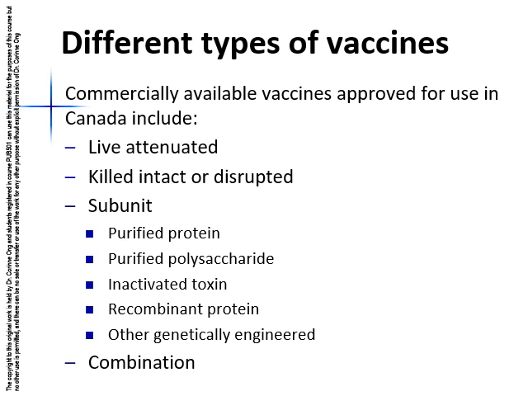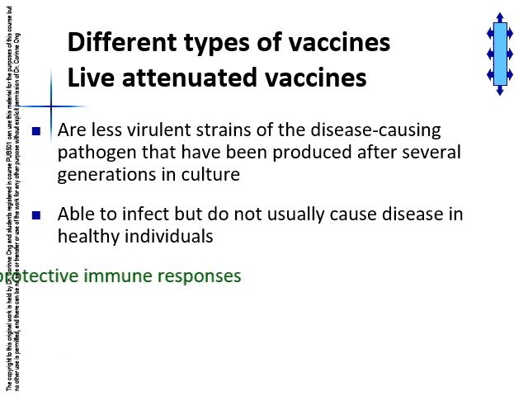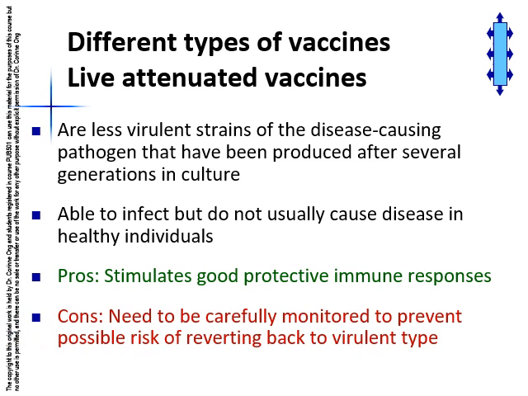Live attenuated or weakened vaccines are the only type of vaccines that infect the recipient. However, they cause infections that don't result in disease. They're less virulent strains of the pathogen and are usually produced after many generations of culture in the lab.